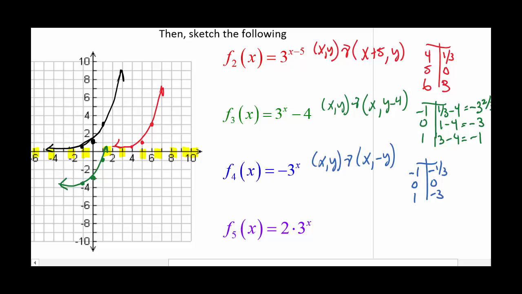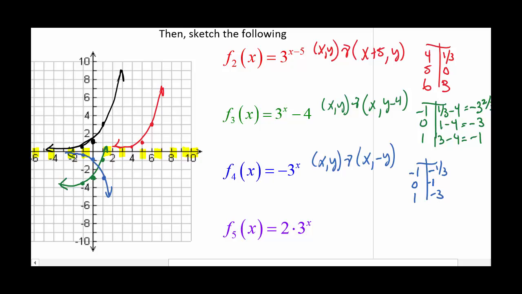We get negative 1, negative 1/3. And we have 0, 1. What was I thinking there? It's supposed to be 0, negative 1, not 0, 0. Whoops. And then 1, negative 3. Okay, so you can see that's what that graph is doing.